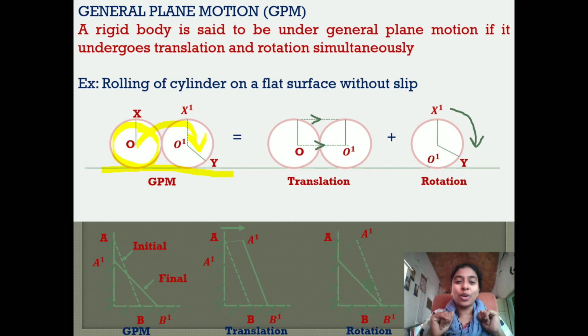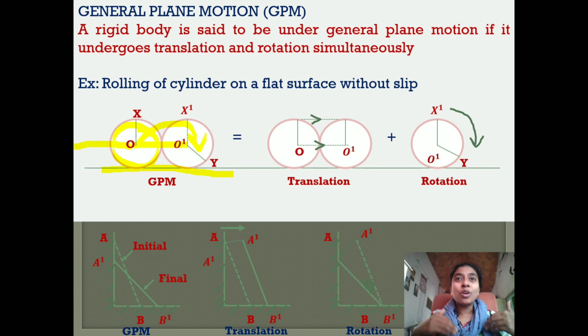You can roll it in either clockwise motion or anti-clockwise motion. If you are moving it in clockwise motion, your O will come from this position to here. If you are moving in anti-clockwise rotation, your position will come from O to this point. Anyway, this point O will be subjected to linear motion when you are rolling.